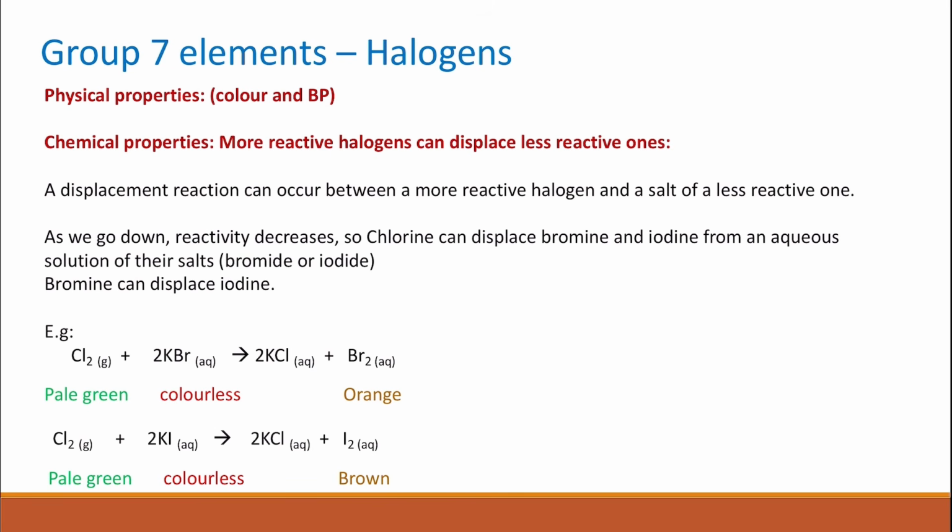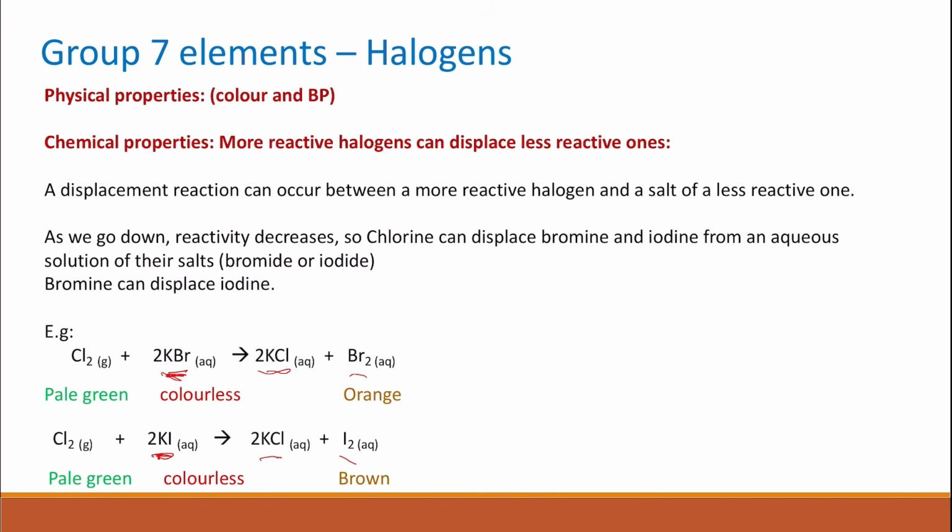And then in terms of the chemical properties, it's the reaction between the halogens and the halides. So the more reactive halogen can displace the less reactive ones from their salts. So we have, as we said, as we go down, the reactivity decreases. So chlorine can displace both the bromide and iodide from their salts to give bromine and iodine, and then the salt of the chlorine.